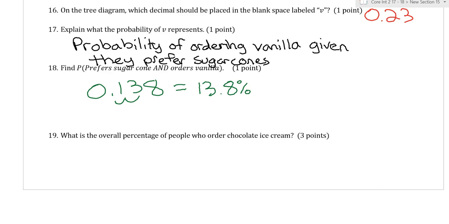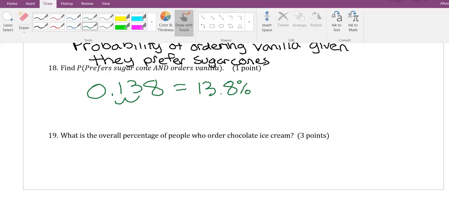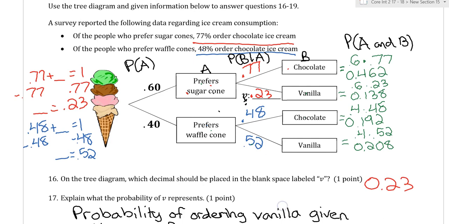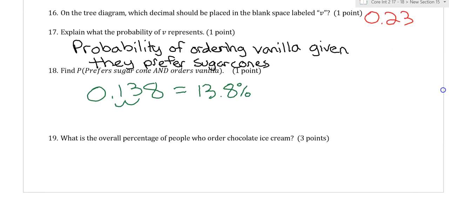And then 19, what is the overall percentage of people who ordered chocolate ice cream? So again, I'm going to go back up to my chart. Chocolate is here, 0.462, and here, 0.192.